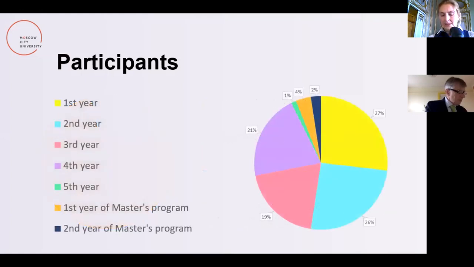And the breakdown of the students by year of study is as follows at this slide. Unfortunately, we didn't manage to attract a sufficient number of students from different universities of Russia and other countries to our survey. We will continue our study and correct this shortfall.